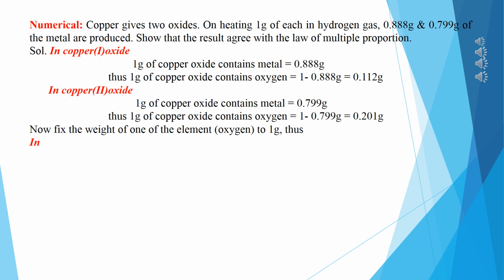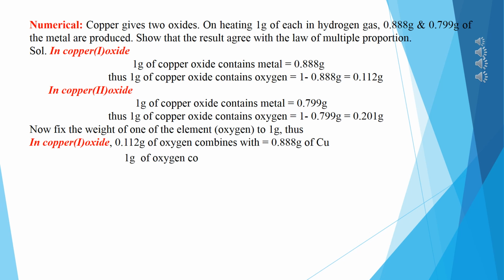Thus in copper 1 oxide, 0.112 gram of oxygen combines with 0.888 gram of copper. Then how much copper will combine with 1 gram of oxygen? That comes out to be 0.888 divided by 0.112, that is 8 gram.